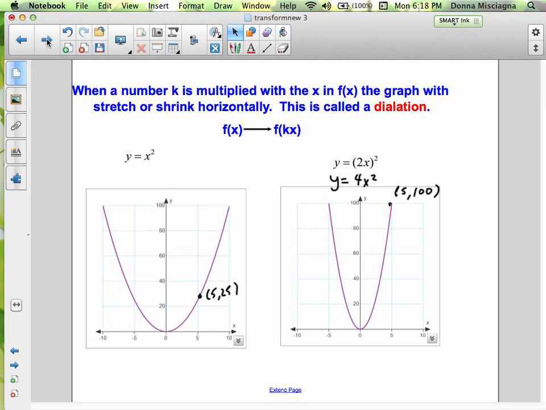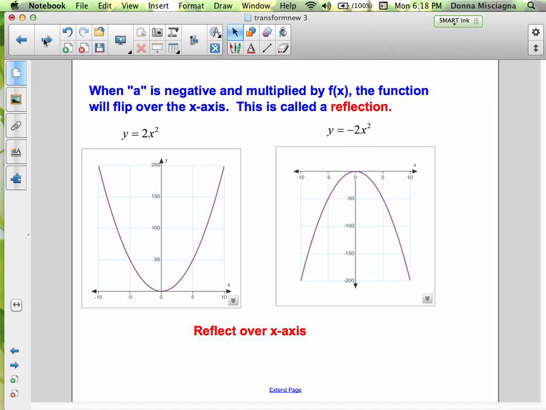So in other words, if we have 25 as the y value for x squared, for y equals 4x squared, that 25 is going to be 4 times as much, right? Or 100. We can use that fact to stretch and compress our graph. But right now, we're just going to focus on noticing what's happening. We'll worry about graphing in the next video.